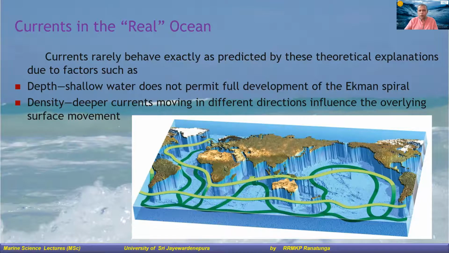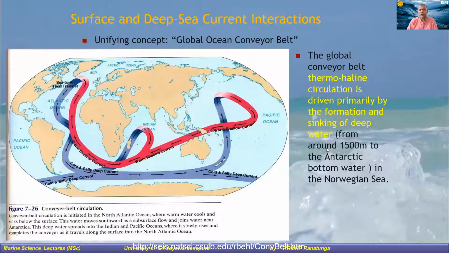If we put everything together, it makes a unique form of circulation that we call the global ocean conveyor belt.